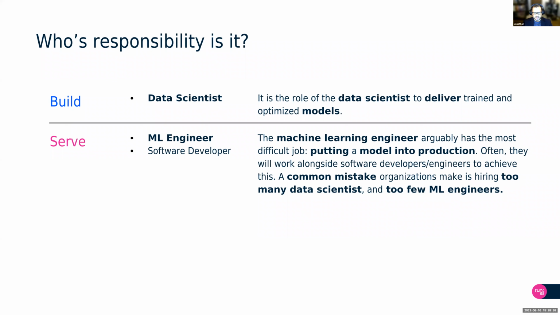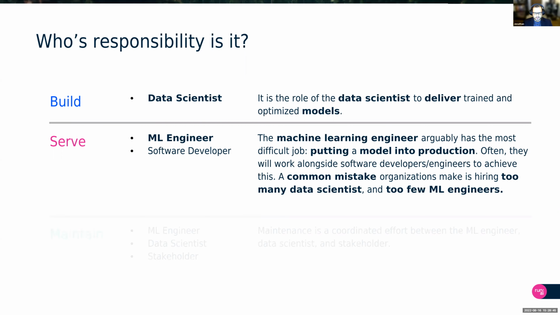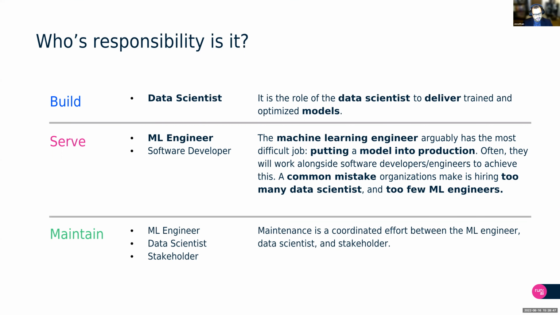And oftentimes I see organizations hire far too many data scientists and too few ML engineers, if any. And finally, for the maintenance step, it's a coordinated effort between the ML engineers and data scientists, obviously, but also there's going to be some kind of stakeholder who is monitoring how this model impacts some sort of business performance or metric.